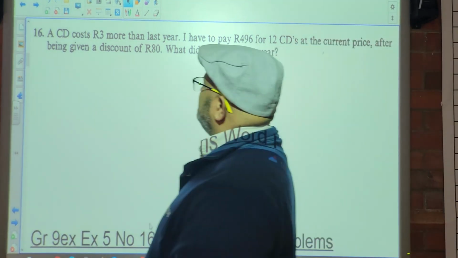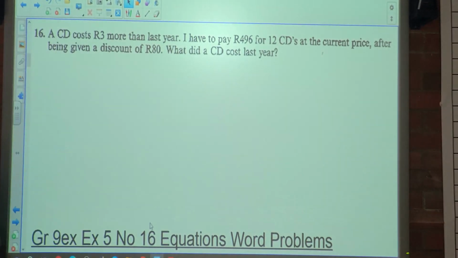Right, number 16. A CD costs 3 Rand more than last year. I have to pay 496 Rand for 12 CDs at the current price, after being given a discount of 80 Rand. What did the CDs cost last year?